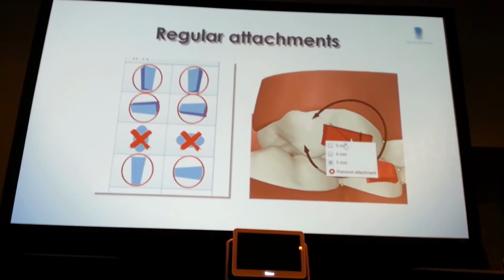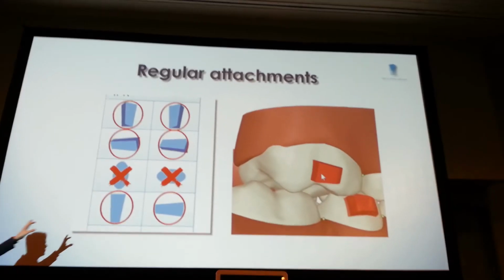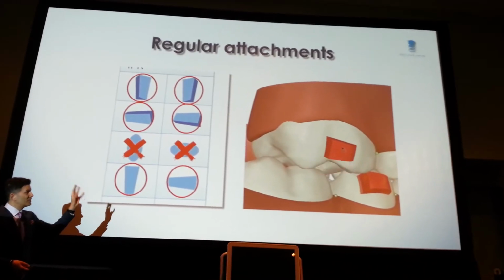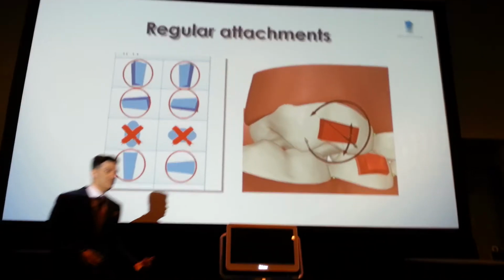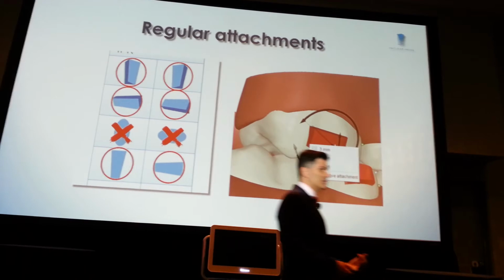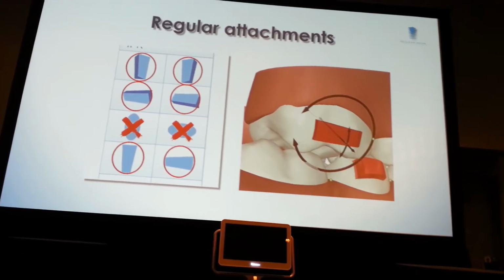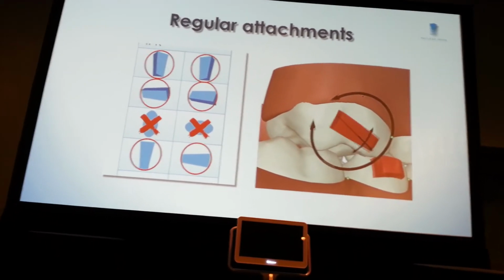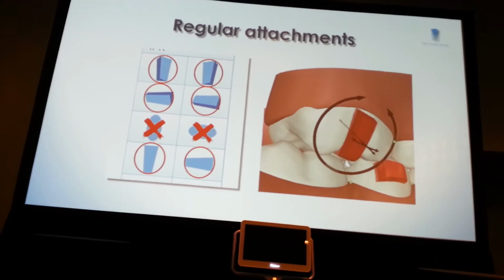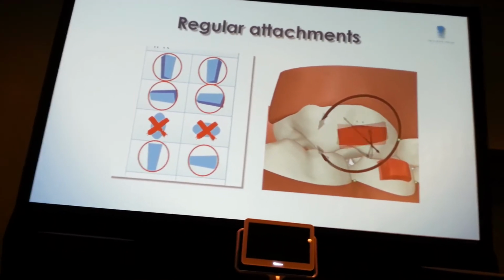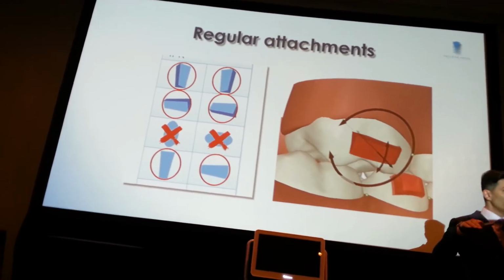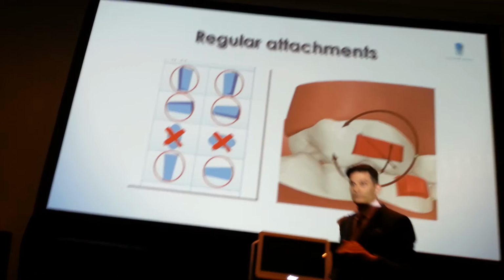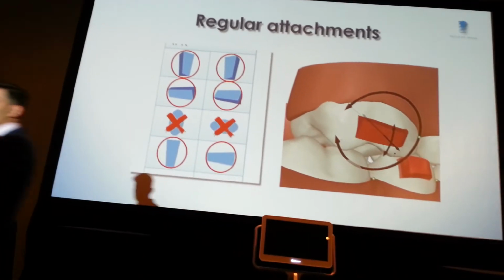Depending on the movement you want to do with the tooth: if you want a horizontal movement, you put a vertical attachment. If you want a vertical movement, you put a horizontal attachment, because this is where you want to apply your force.